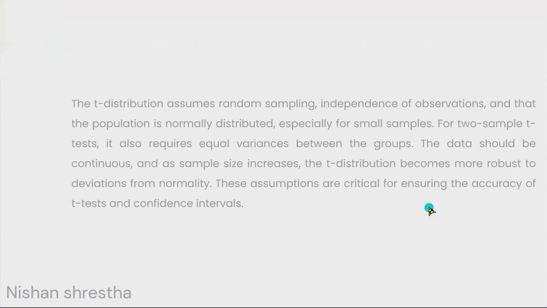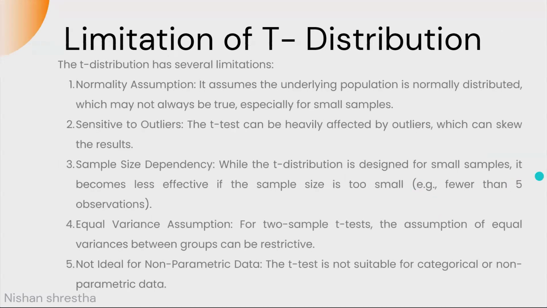So, moving on, we have the limitations of the t-distribution. Despite its versatility, the t-distribution does have limitations. For instance, it assumes that the underlying population is normally distributed, which may not always be the case, especially with small samples. It is also sensitive to outliers, which can significantly skew the results.